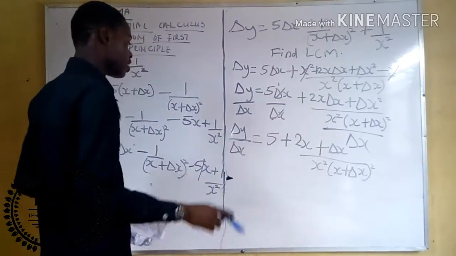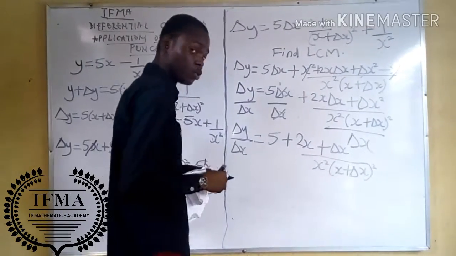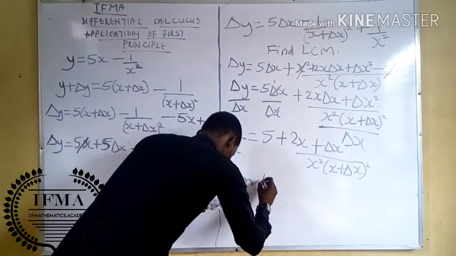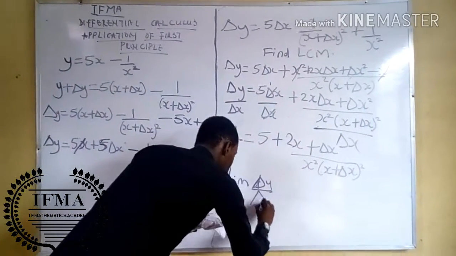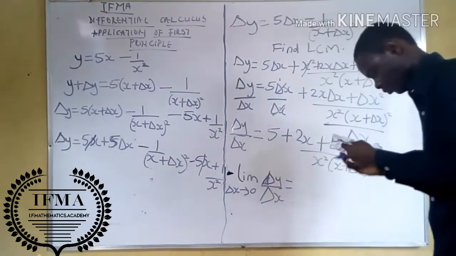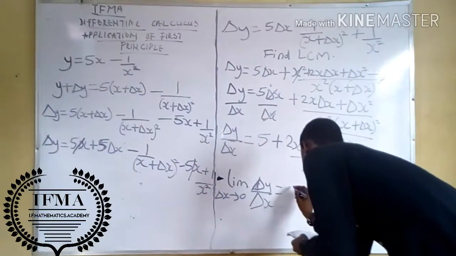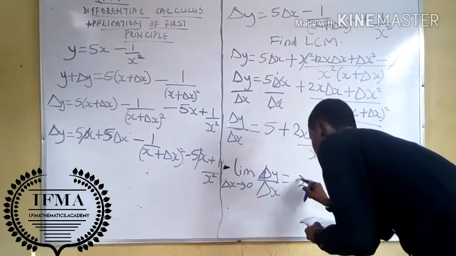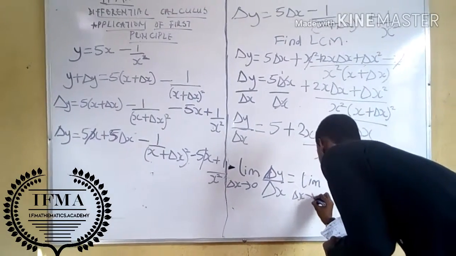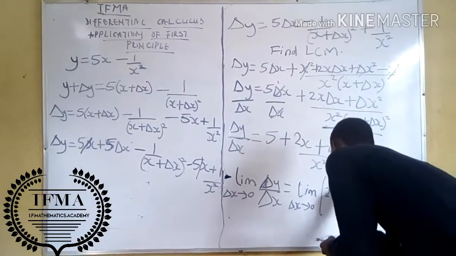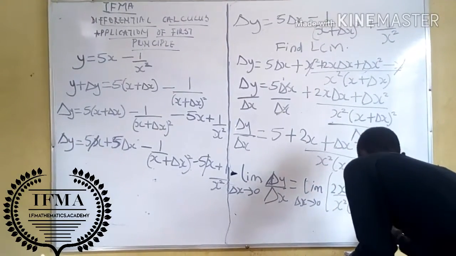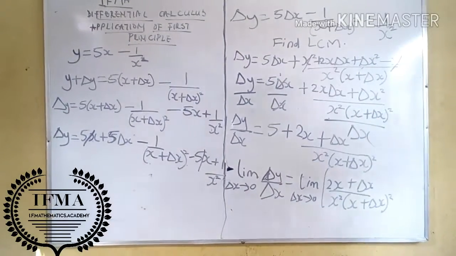So now we take the limits of both sides of the equation. That will be, now, what does this mean?